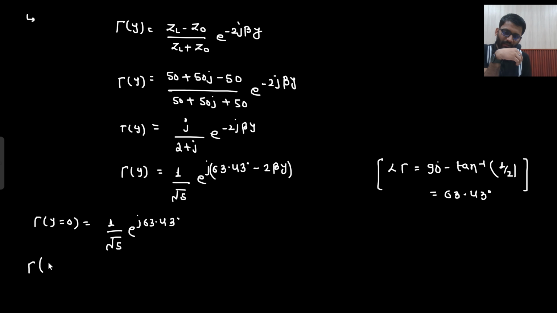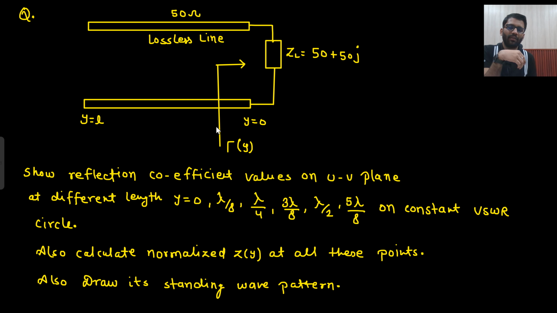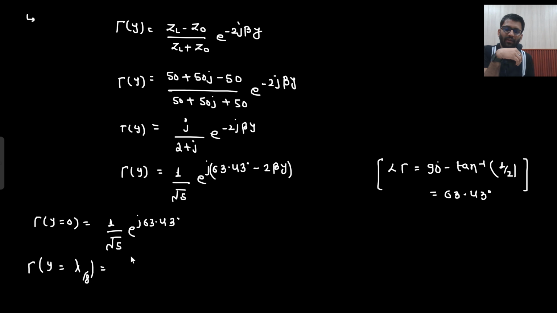Then at y equals to lambda by 8. Because what is y? Y is the distance from load. So at y equals to lambda by 8, if I find 1 by under root 5 e to the power j 63.43 degree minus 2 beta, which is 4 pi by lambda into lambda by 8.